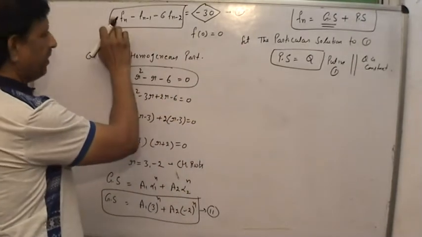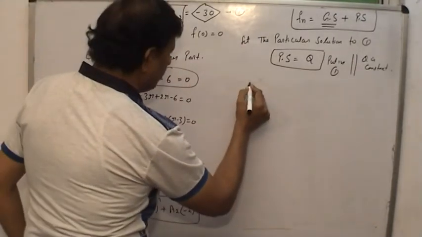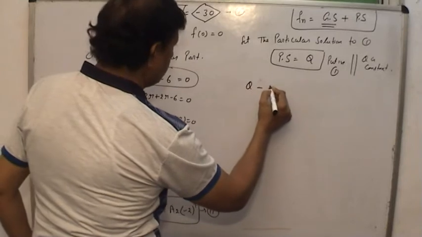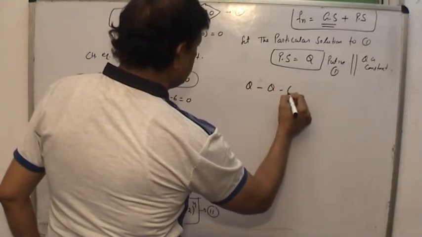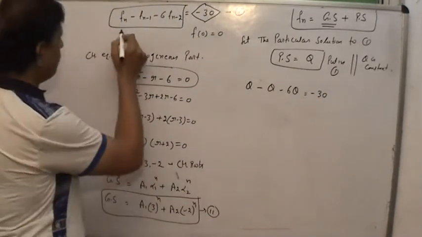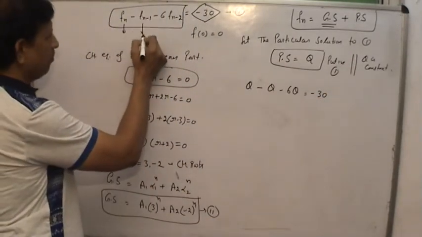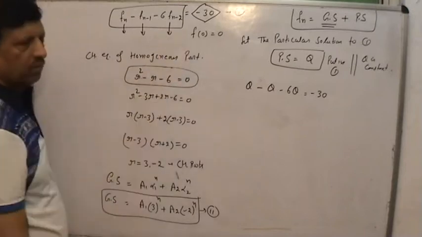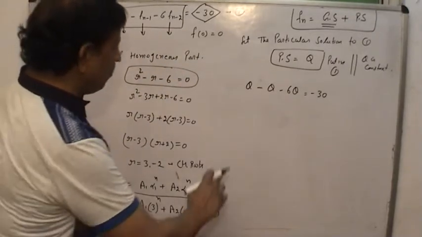When we put it in this way, it is Q minus 6 times Q is equal to minus 30. Q for this, and minus 6 for this. Why is there no change?